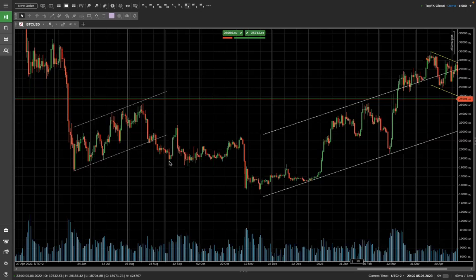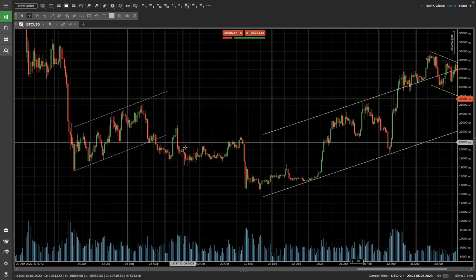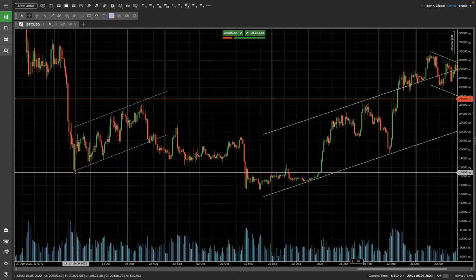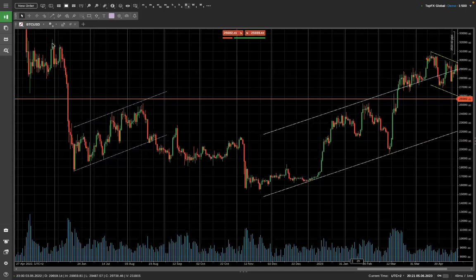Okay, so the ideal situation is when the market, after the breakout, goes below the beginning of the channel low, so below that level. Then you can say that the power of the downside breakout is even bigger. The momentum and the volatility for the downside breakout is even stronger. So very often the price action looks like this. We have, for example, a very, very strong movement to the downside.